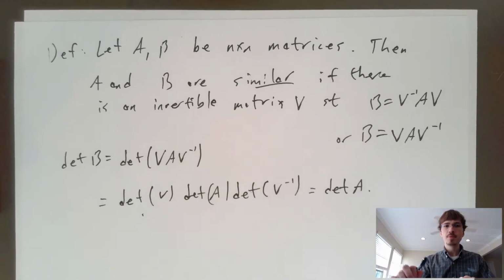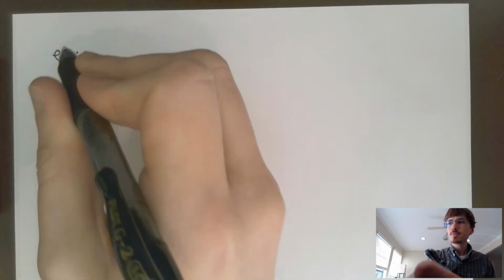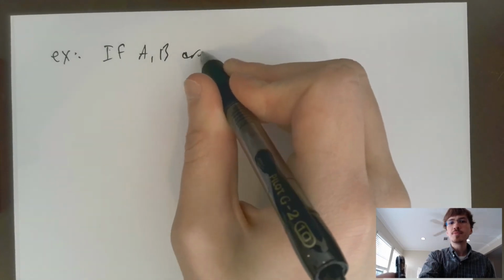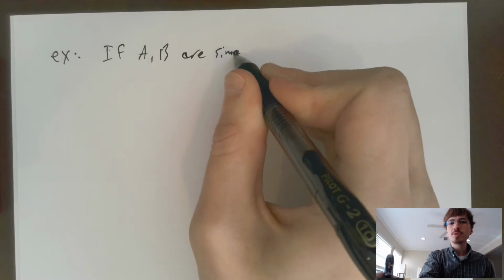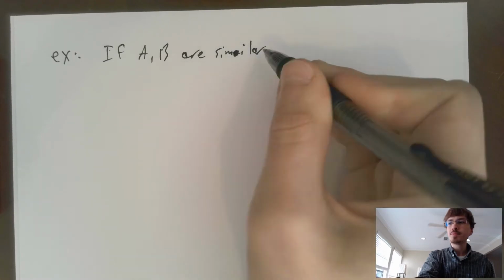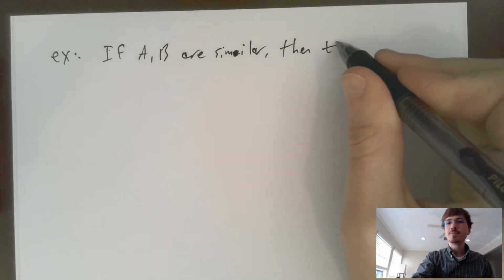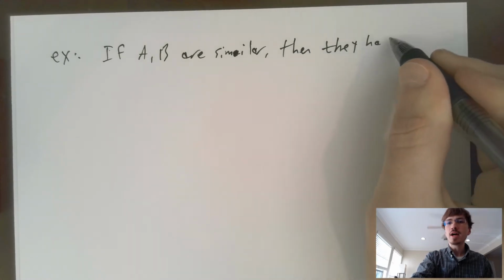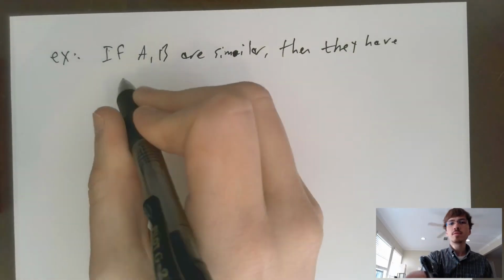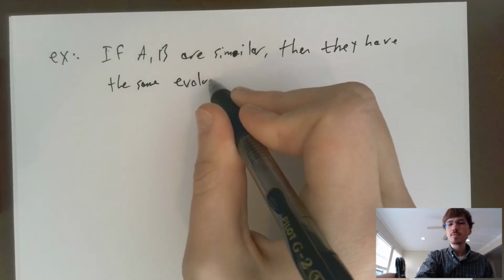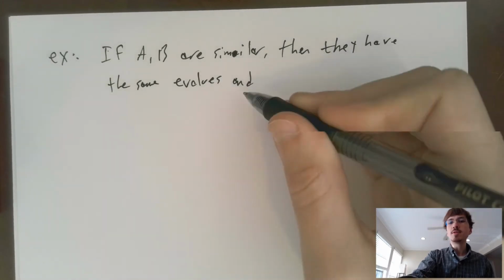But it gets better. Let's talk about another property of similar matrices. If A and B are similar, then they have the same eigenvalues, and the same algebraic multiplicity.